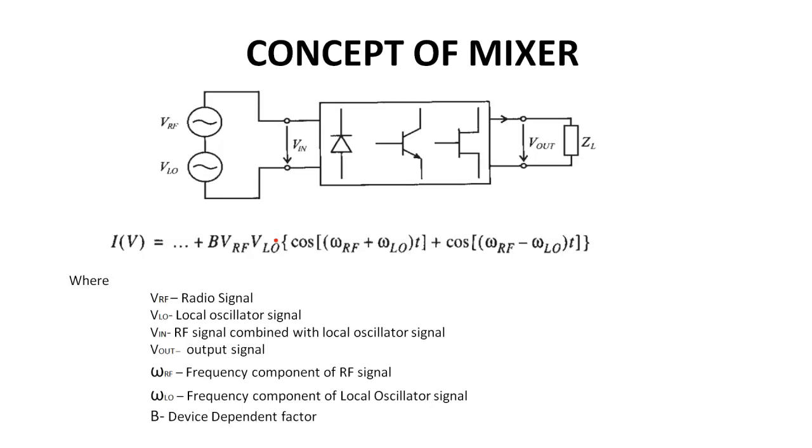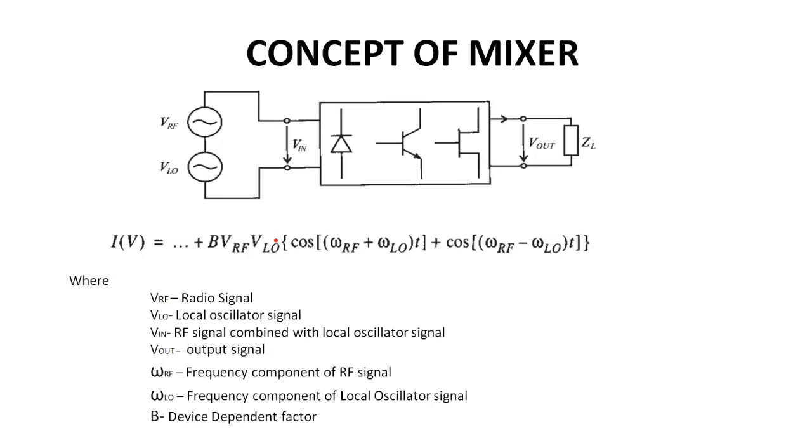The figure shows the basic system arrangement of a mixer connected to an RF signal and local oscillator signal, which is also known as pump signal. The RF signal is combined with the local oscillator signal and supplied to a semiconductor device with nonlinear transfer characteristics, driving a current into a load at its output side.